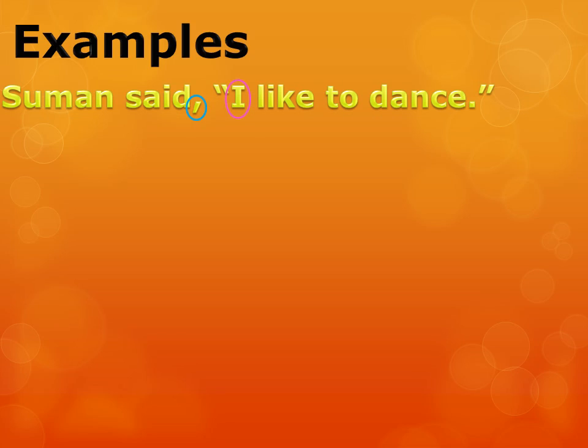Then, the first letter of the speech is in capital form. The third thing is that the exact words of the speaker are enclosed within inverted commas. So, this clearly depicts that the sentence is in direct speech form.